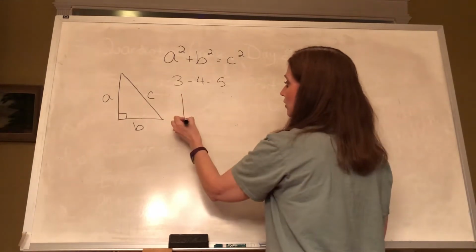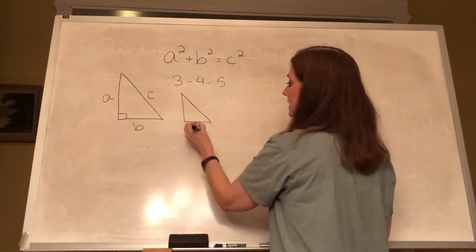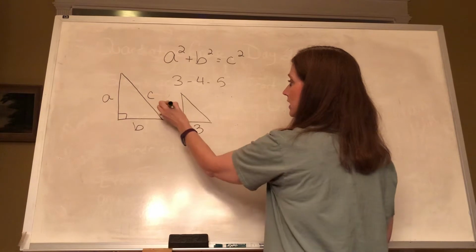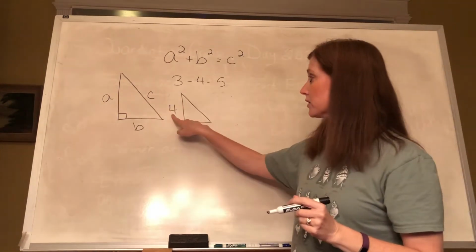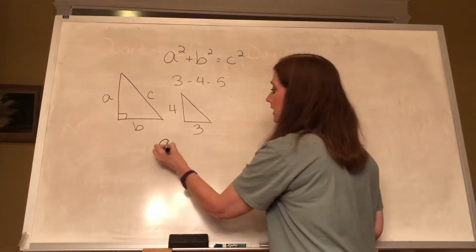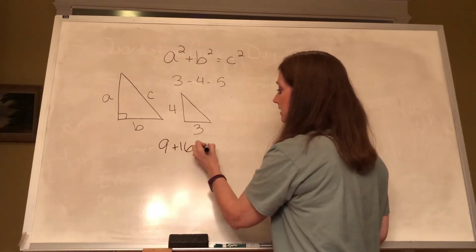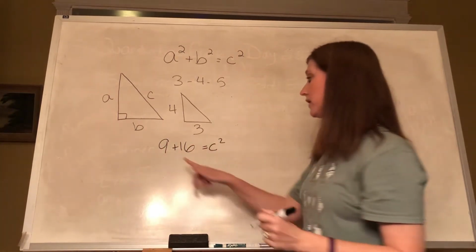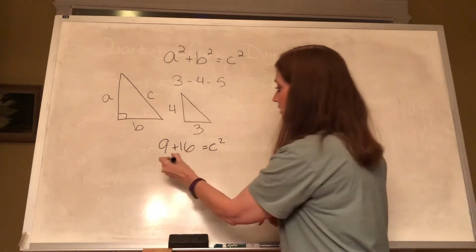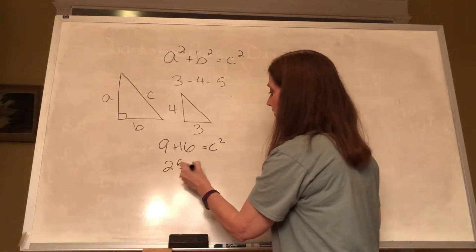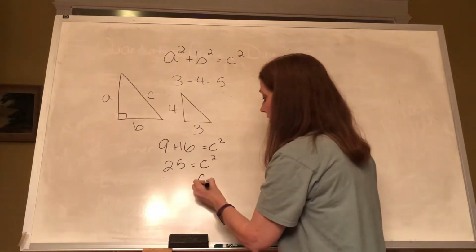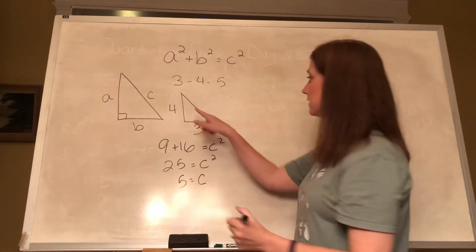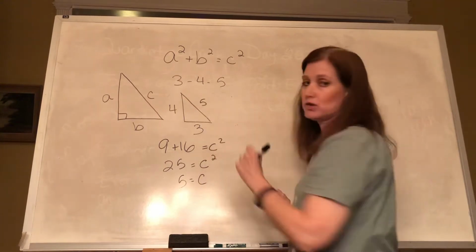If this side is 3 and that side is 4, 3 squared is 9, 4 squared is 16, 9 plus 16 equals c squared. 9 plus 16 is 25, and if I square root both sides, c is 5. So that's our 3, 4, 5 triangle.